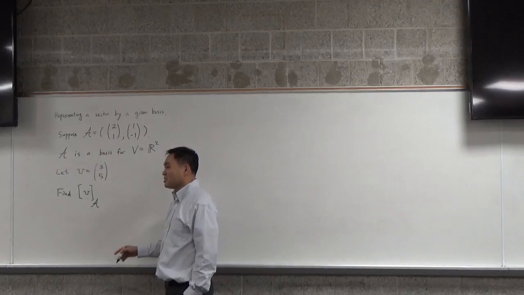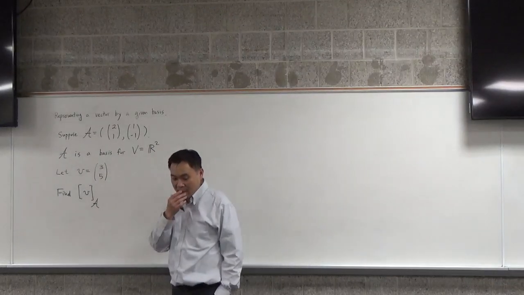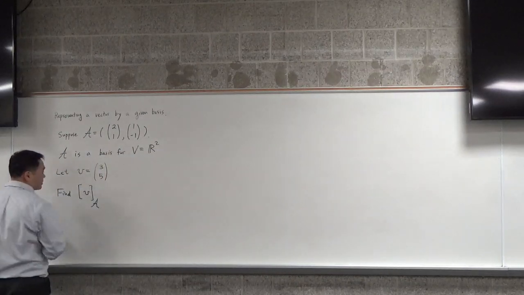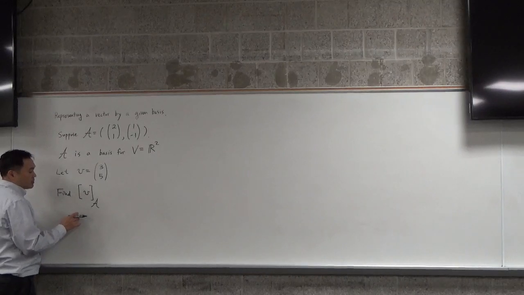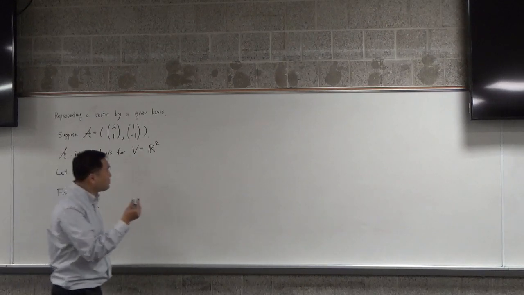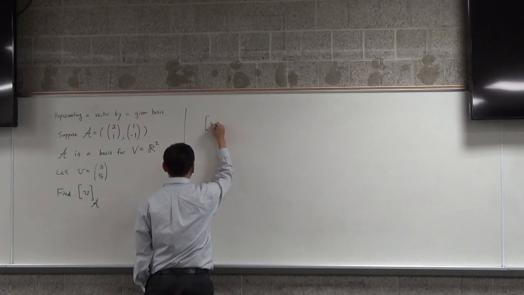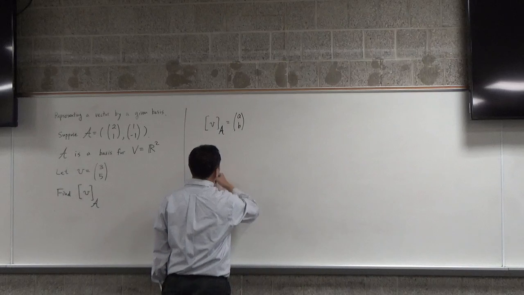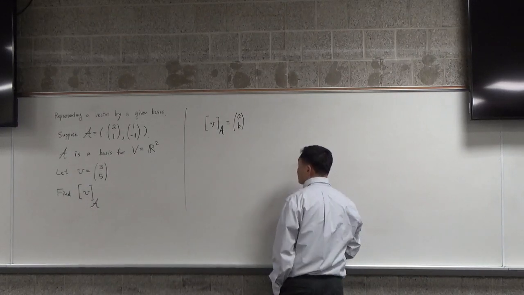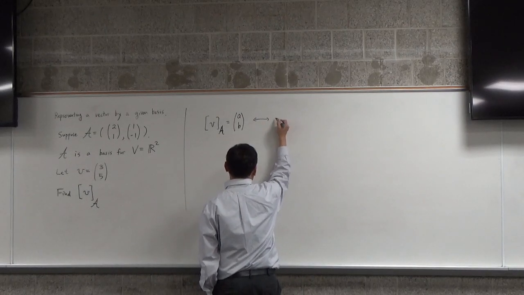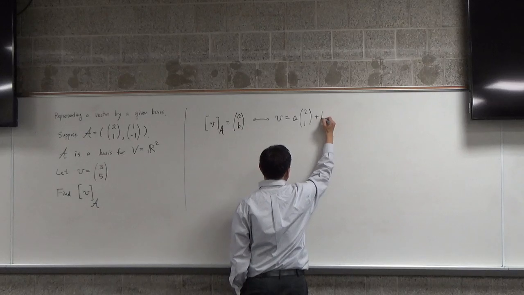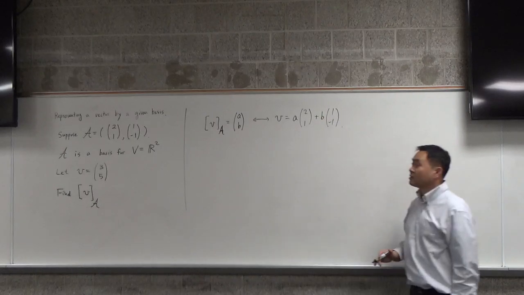So this means, if this is (a, b), this means v is equal to a times (2, 1) and b times (1, -1). That's what this means.